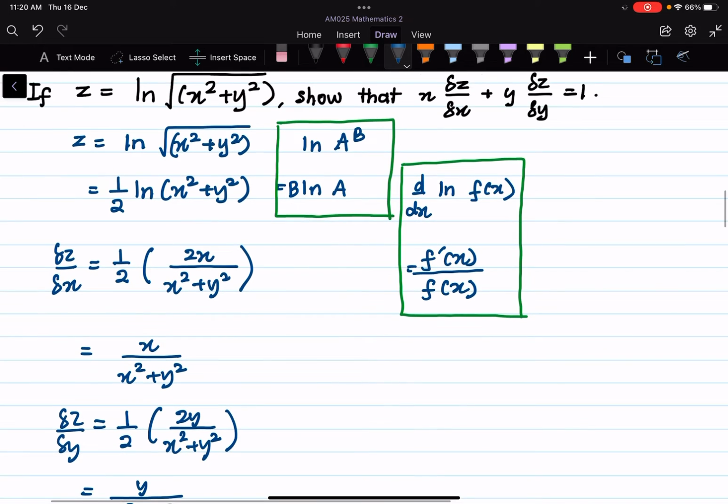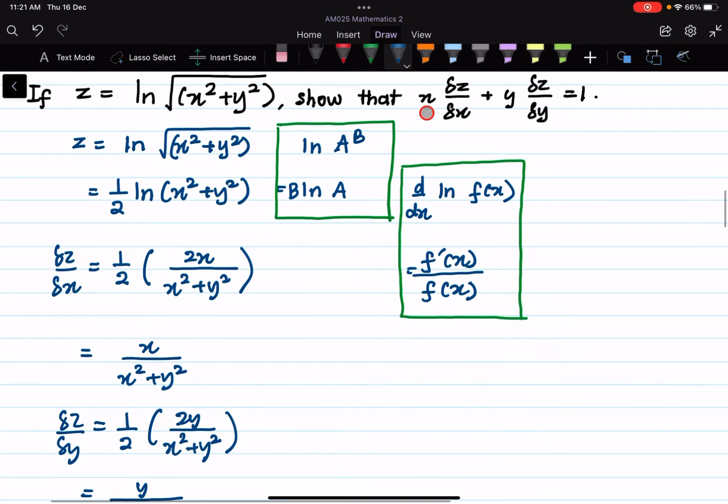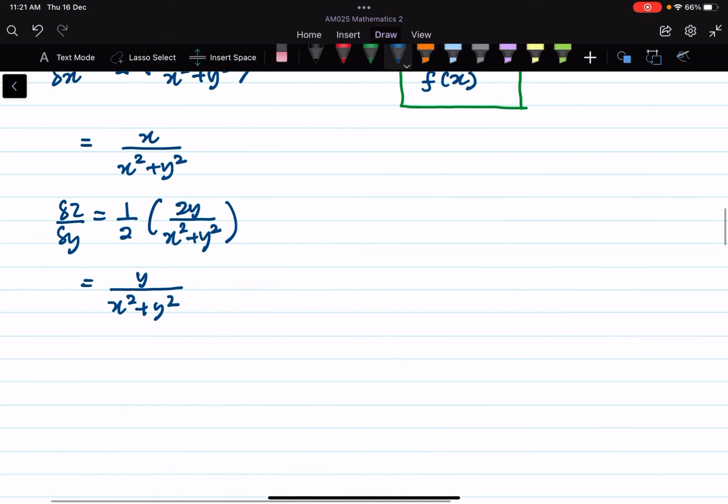Now what we have to do, we're going to multiply x with ∂z/∂x plus y with ∂z/∂y. So x times ∂z/∂x plus y times ∂z/∂y.